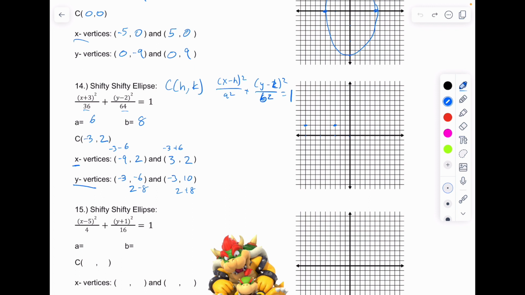Not there. Right here. Going up to 10, 2, 4, 6, 8, 10, and down to negative 6, 2, 4, 6. That is your shifted ellipse.